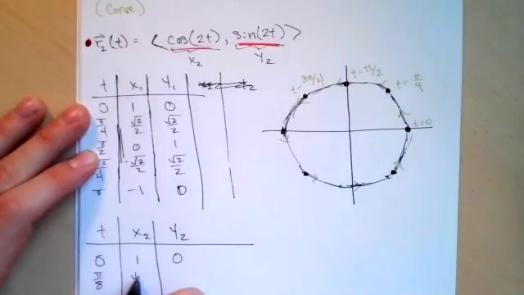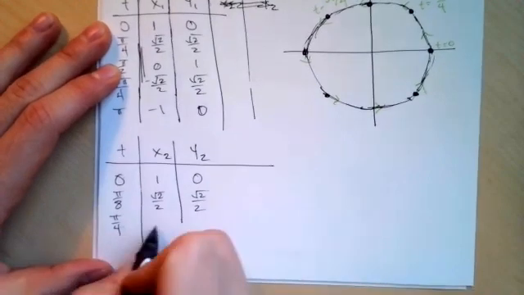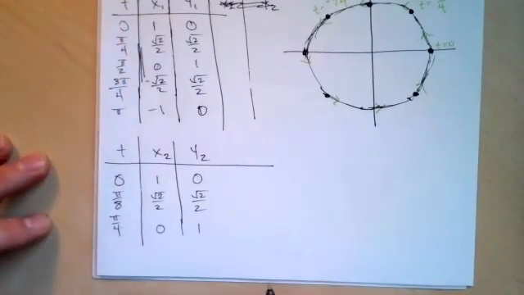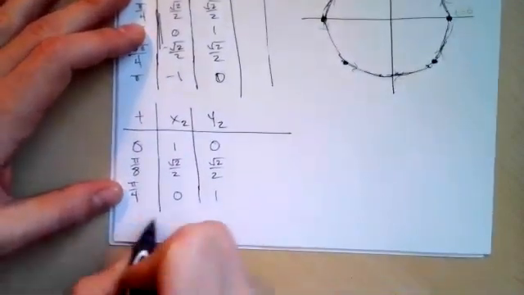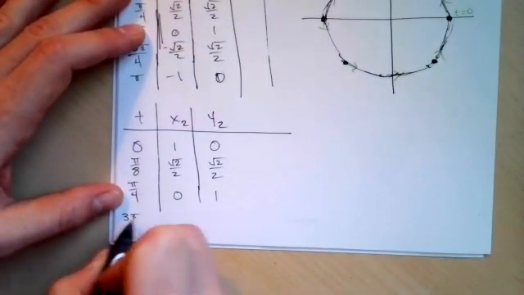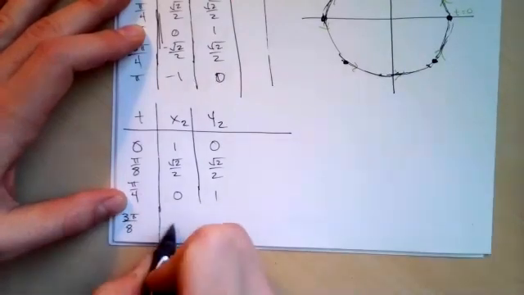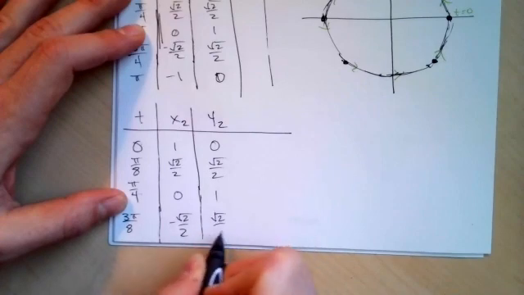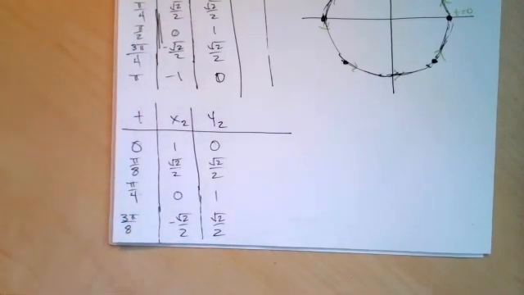And so that's going to be my root 2 over 2 for both coordinates. Pi over 4 is where we're actually going to be at 0, 1. And then 3 pi over 8 will be at minus root 2 over 2 and root 2 over 2. So check more of those values if you want, and increment your time values by now pi over 8.